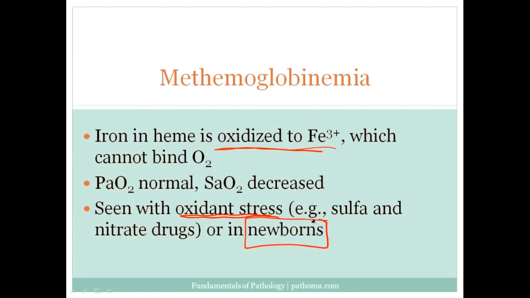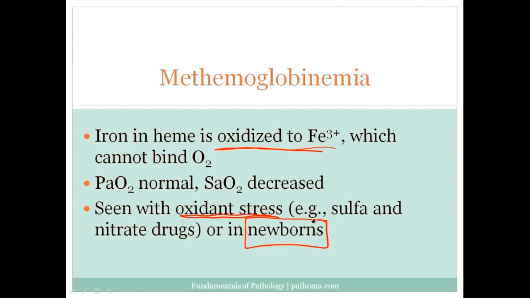Now, in order to understand that, you should probably go back and remind yourselves that we're always oxidizing iron within hemoglobin, and all of us within our blood probably have a very tiny percentage of methemoglobin floating around in the blood. And that's because the blood carries oxygen, and there's an oxidant stress that's constantly present within blood.